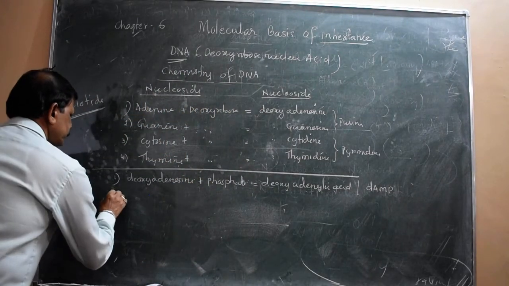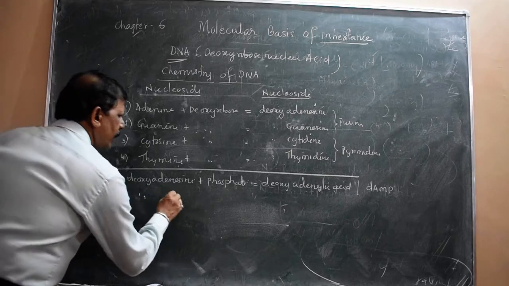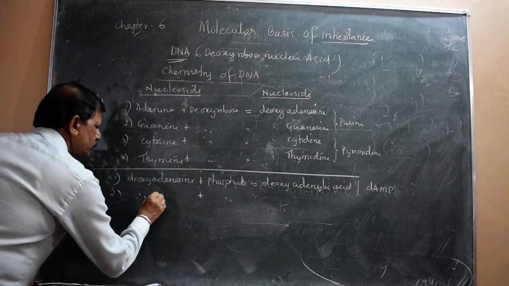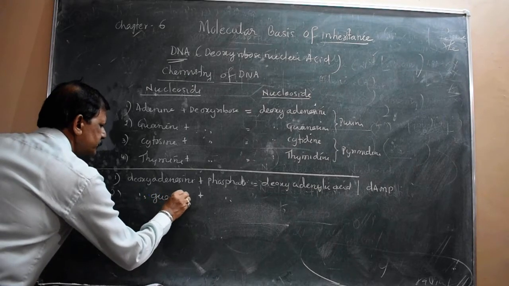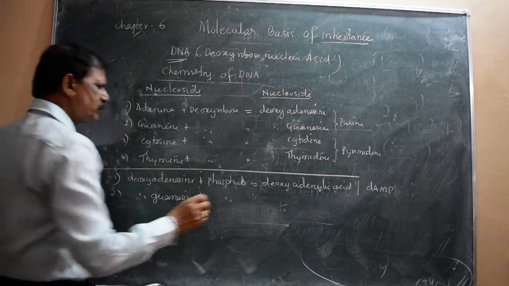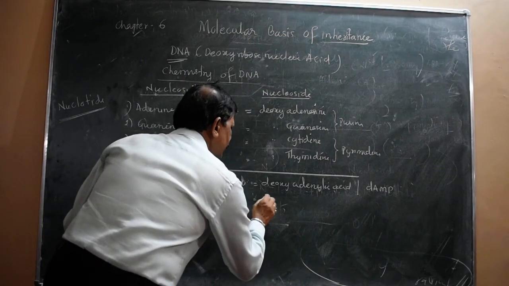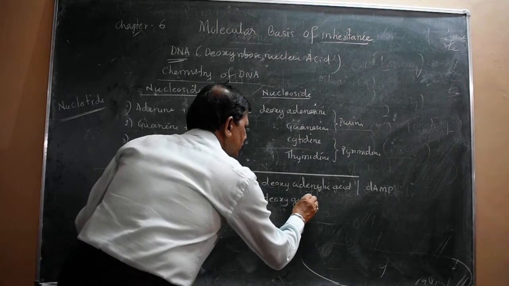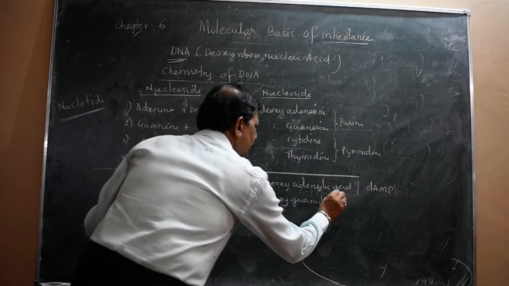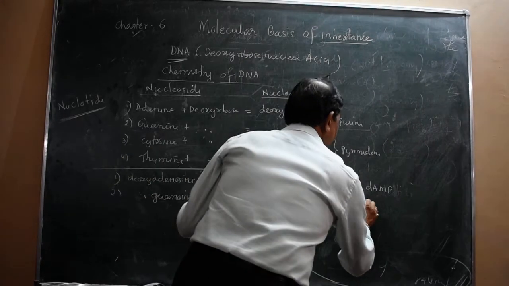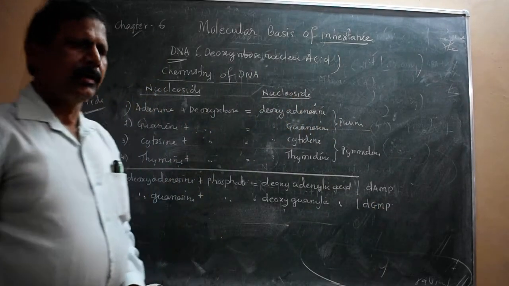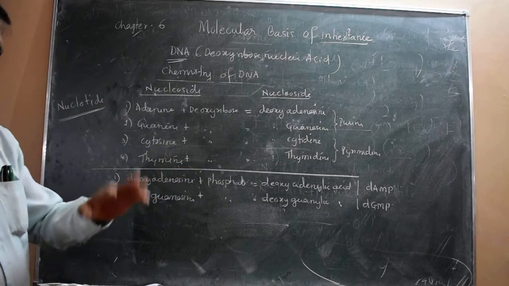Second one, deoxyguanosine plus a phosphate, and that results in deoxyguanylic acid, and that also you can write as DGMP, deoxyguanosine monophosphate.